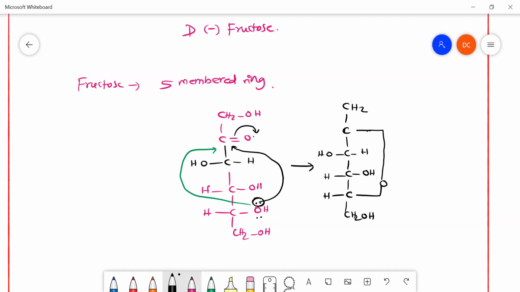Now you can check how many are in the ring structure. This is 1, 2, 3, 4, and put that as oxygen. That's what is the five-membered ring.